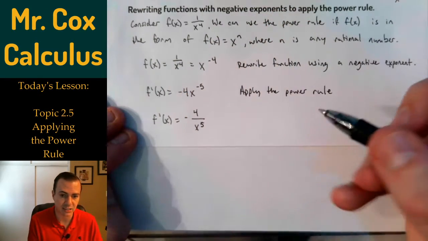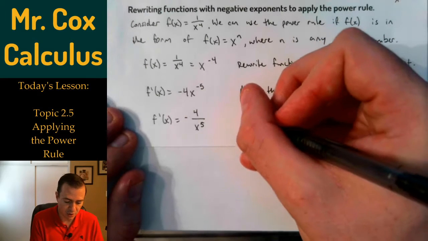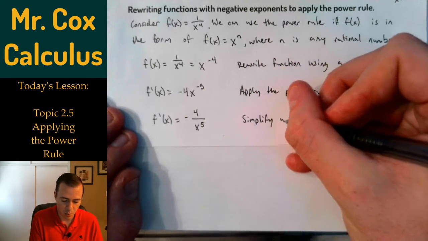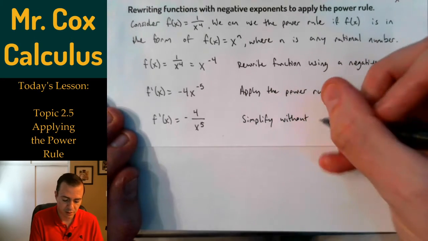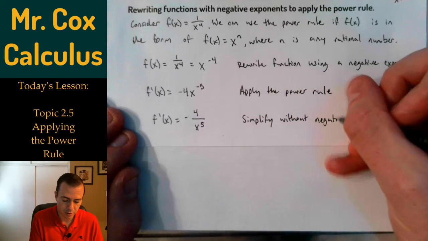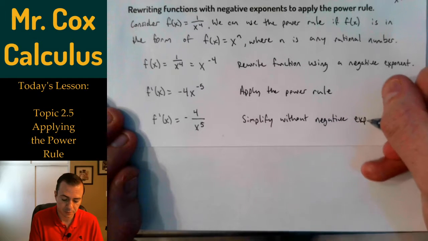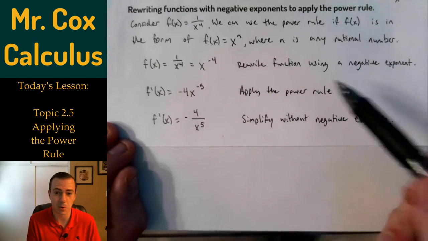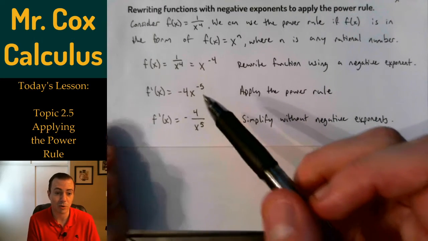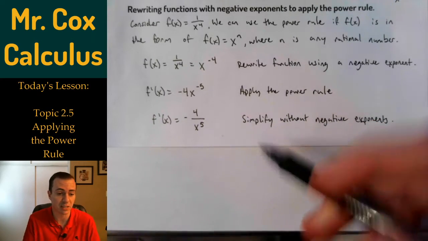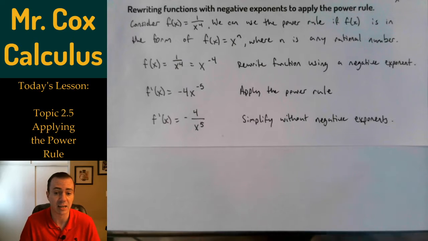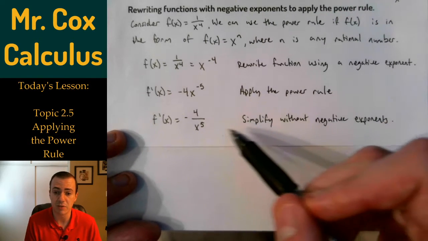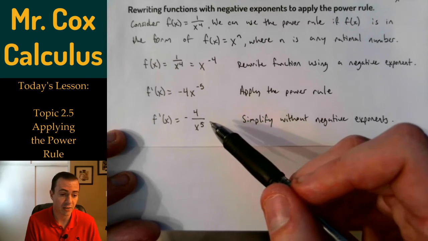And so the last step is to simplify without negative exponents. So you want to rewrite it with a negative exponent to use the power rule. However, you're obviously going to get a negative exponent because if you reduce it by 1, it's going to stay negative. If I do that, I can then simplify without the negative exponents.